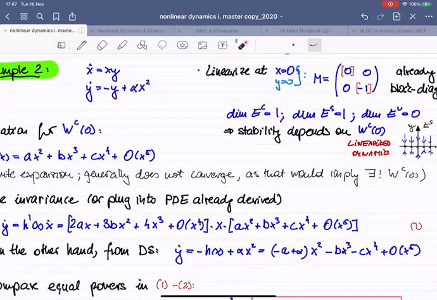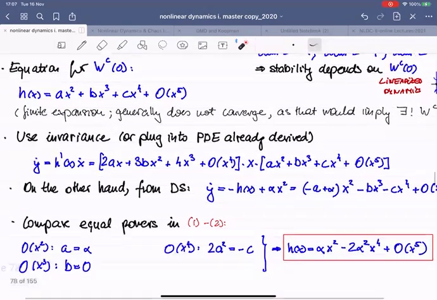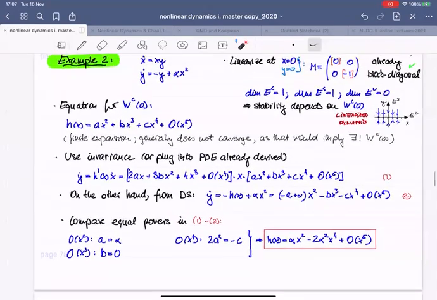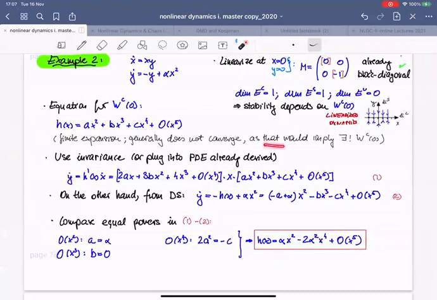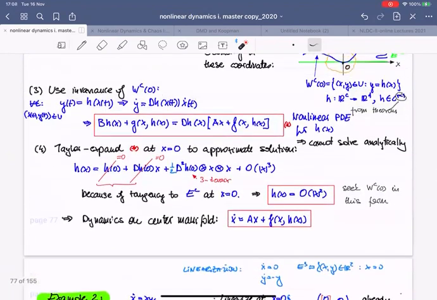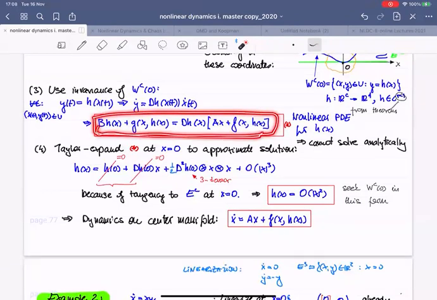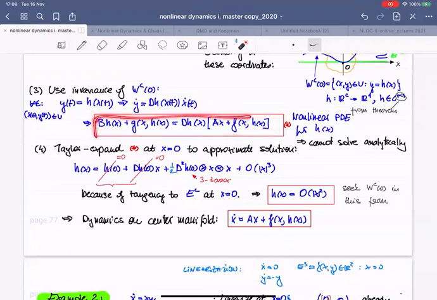So this is the error between what I'm writing here and the manifold, rather than the converged Taylor series, because it generally doesn't converge. That would imply that you have a unique manifold, which we'll see in the end. But do we have a chance to have a unique manifold? So use the invariance. You either keep in mind the equation that I just derived, which I don't recommend, because the way I would reproduce it each and every time is precisely what I've just done here.